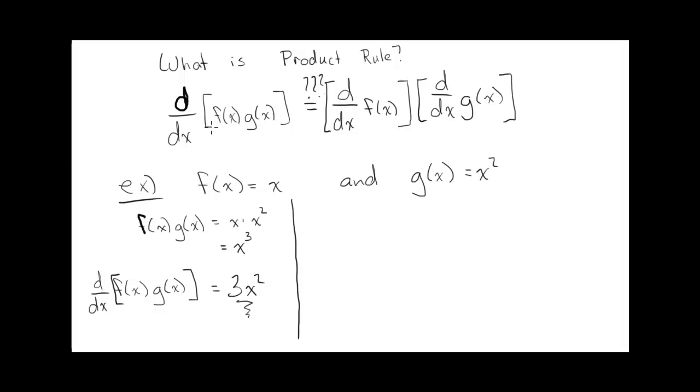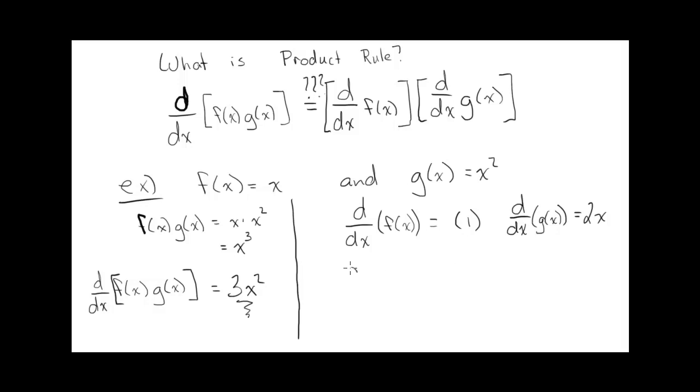So now let's check. Is that equal to the derivative of f times the derivative of g? Well, what's the derivative of f? The derivative of f is 1, and what's the derivative of g? The derivative of g is just 2x.